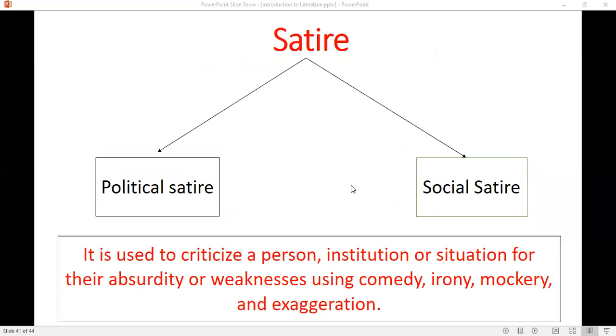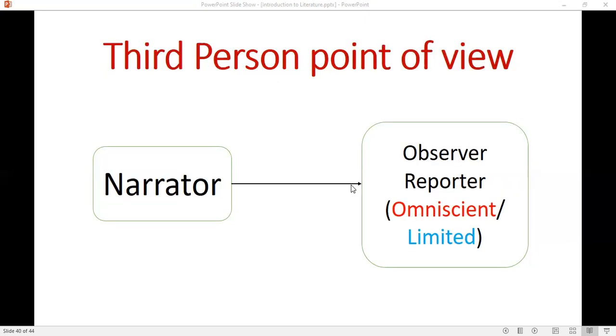Satire. Before we come to satire, we studied first person point of view, third person point of view. In the text, if the speaker mentioned with the diction you, that is the second person point of view.